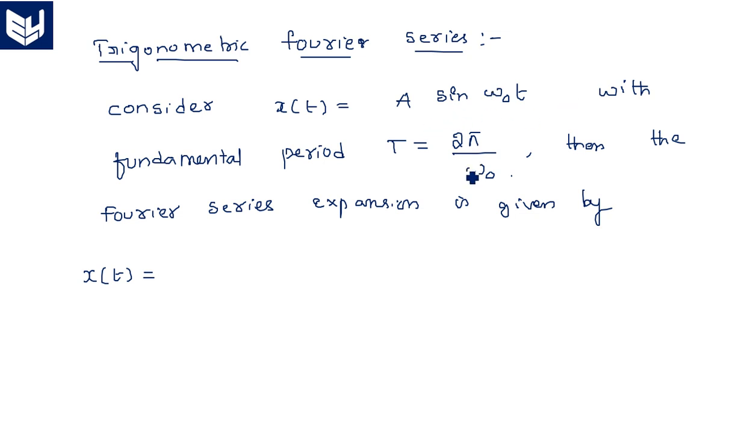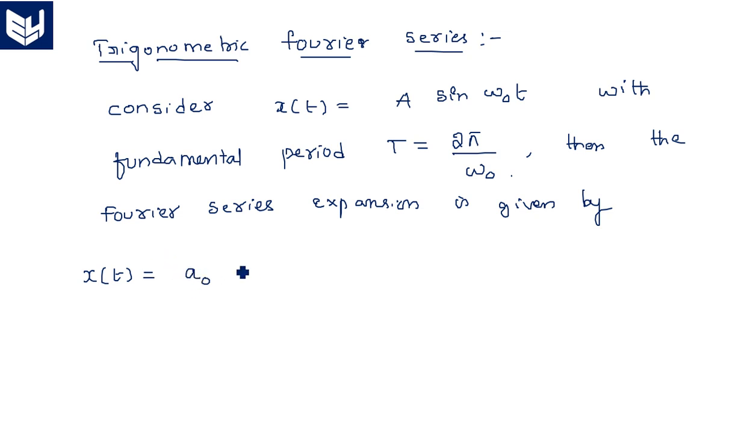This can be written as a linear combination of trigonometric functions. What is the definition of trigonometric Fourier series? Any signal x of t can be written as a linear combination of trigonometric functions. So that is trigonometric orthogonal functions.